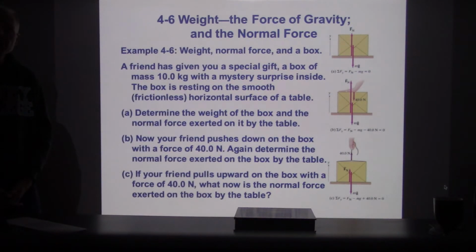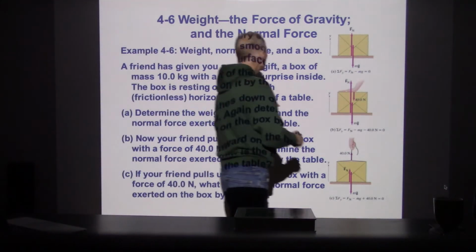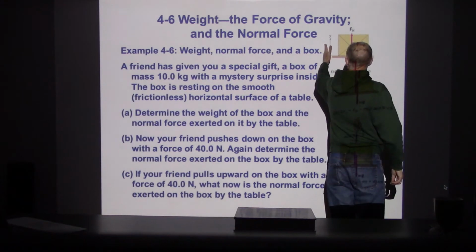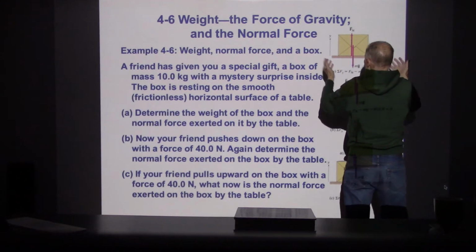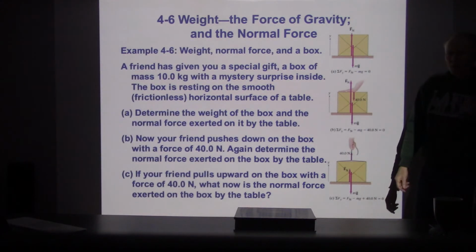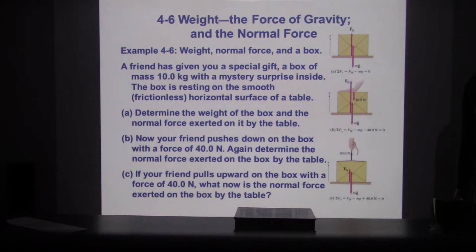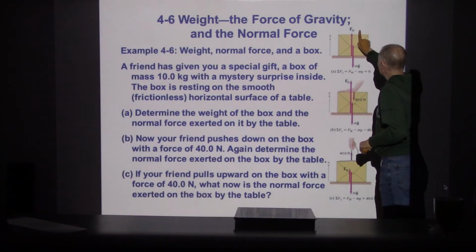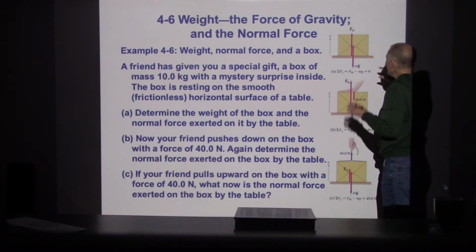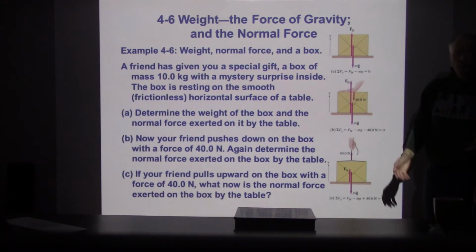That's because that box is not undergoing a vertical acceleration. We're specifically looking at the y direction. There is no acceleration happening here. In fact, not only is the velocity constant, the velocity is constantly 0. The object's at rest, at least in the vertical direction.